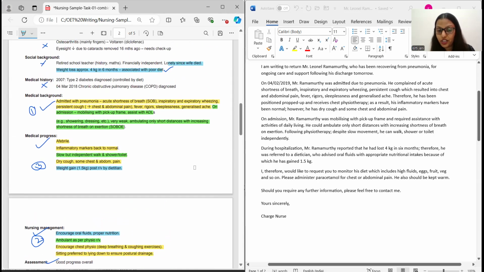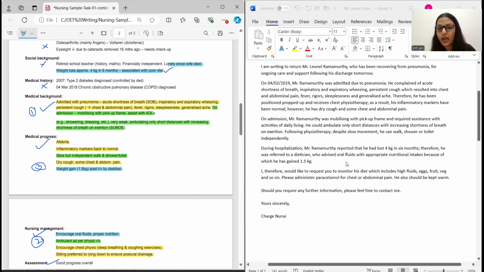During hospitalization, now third paragraph coming to the weight issues. During hospitalization, Mr. Ramamurthy reported that he had lost 4 kg in 6 months. Therefore, he was referred to a dietitian who advised oral fluids with appropriate nutritional intakes, because of which he has gained 1.5 kg. So you see that how simply the information is delivered, right?